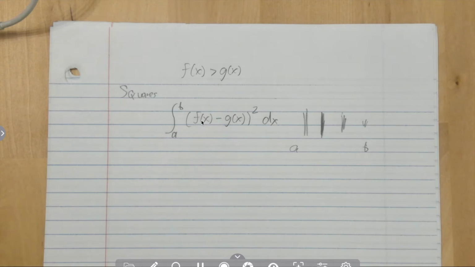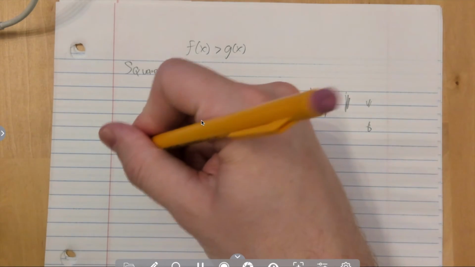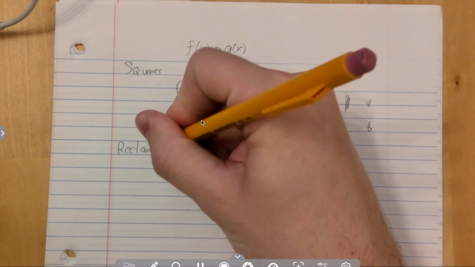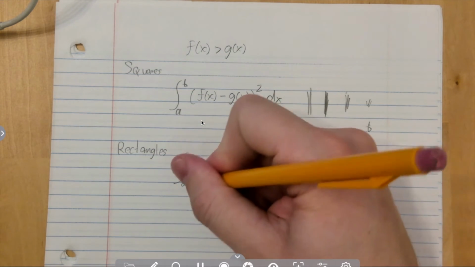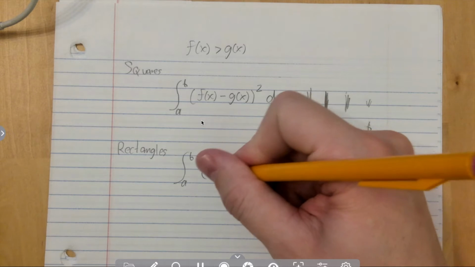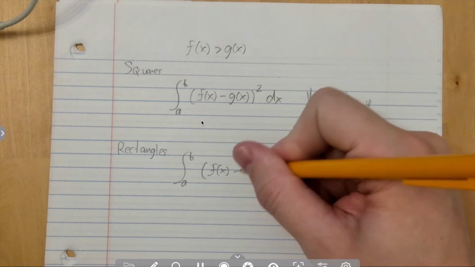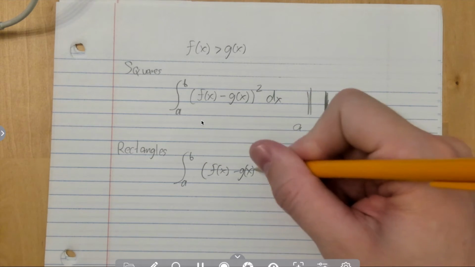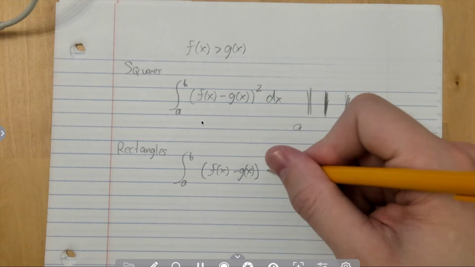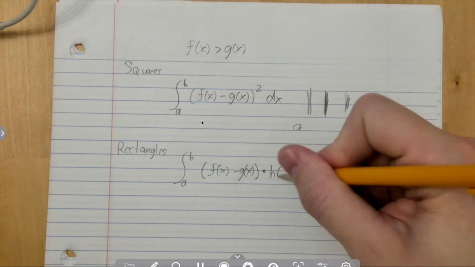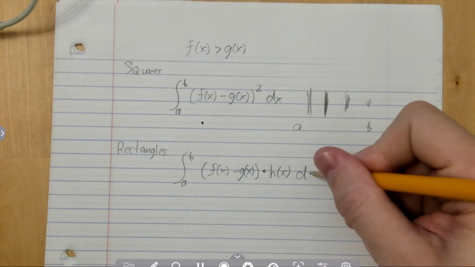All right, well, let's move on to rectangles. That's another one you'll see. Now, rectangles could really just be anything, but you're still going to have f of x minus g of x, because a rectangle is base times height, so I'm going to say it's f of x minus g of x times h of x.